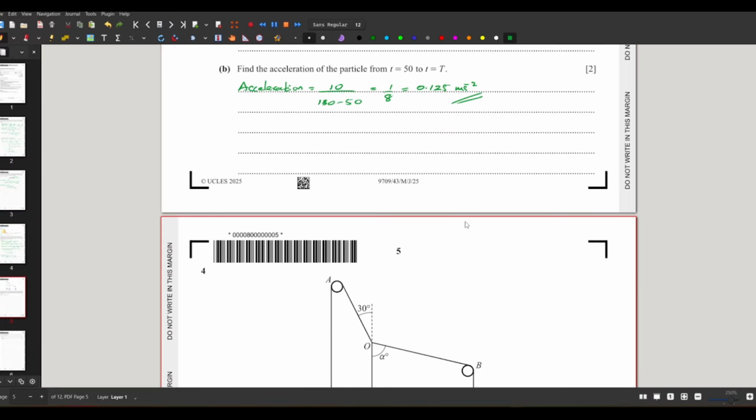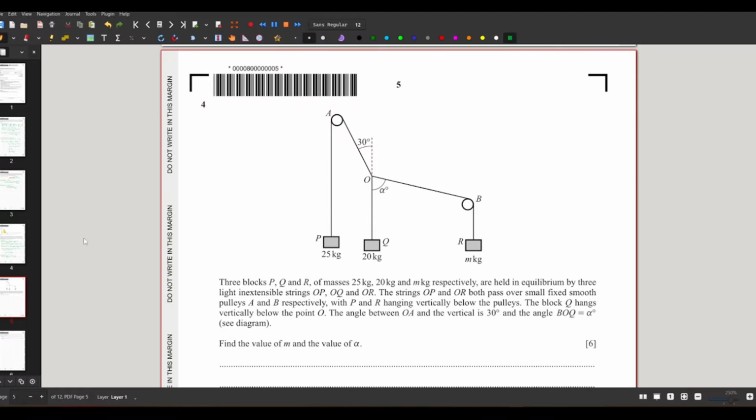Okay, nice. Now let's move to question number 4. So in this case, 3 blocks P, Q, R of masses 25 kilograms, 20 kilograms, and M kilograms respectively are held in equilibrium by 3 light inextensible strings OP, OQ, and OR.